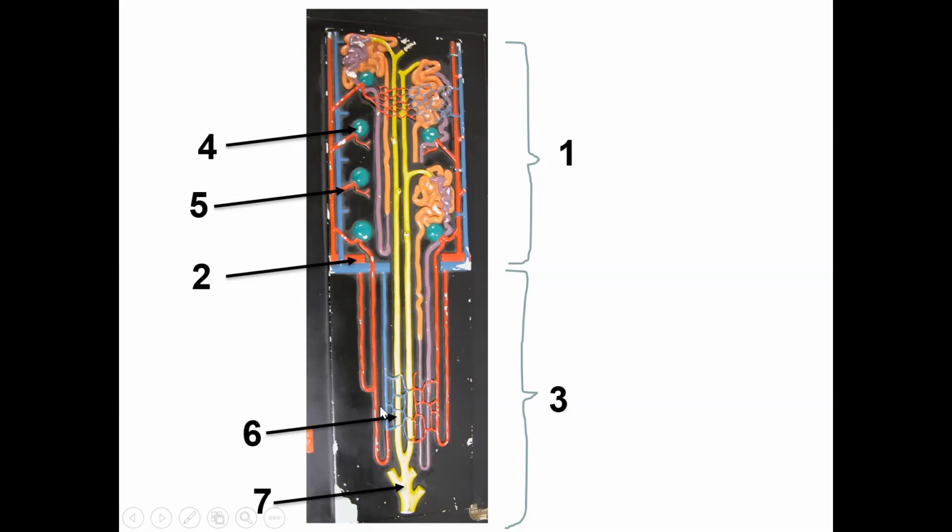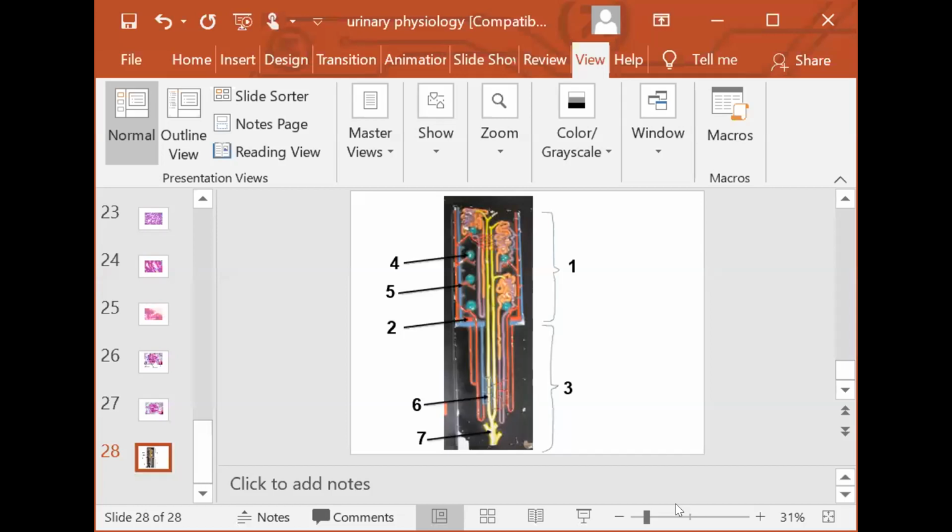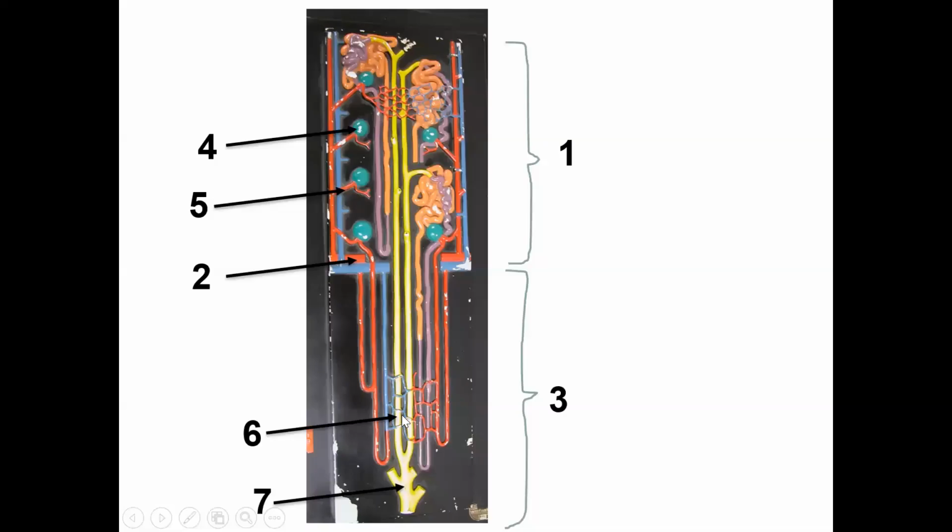I did not label this. I put the arrow in the wrong place, not number 6. Number 6 is labeling the collecting duct, right? So this part of the capillary is called the vasa recta.